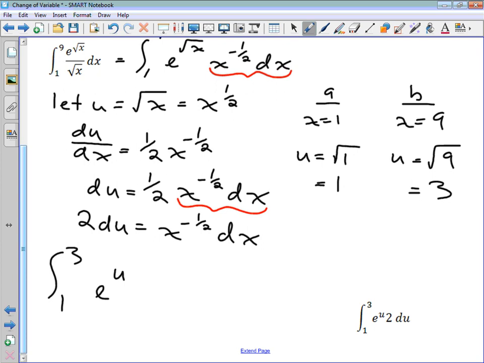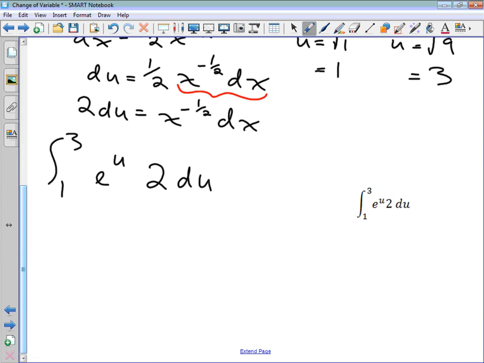And instead of x to the negative 1/2 dx, we're going to put in 2 du. And now we can do our integral. This constant just comes out front. Okay? So we want the integral from 1 to 3 of e to the u du.